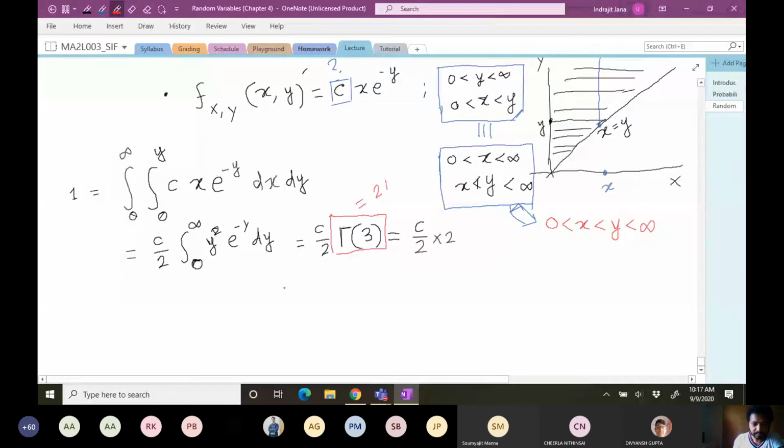All right. So this would imply that c is equal to 1.